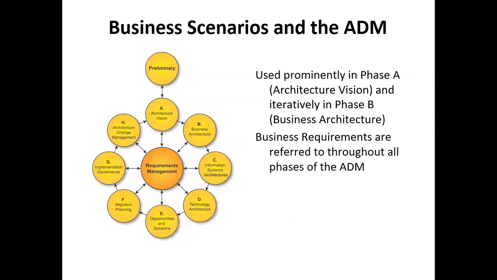Sometimes they will ask you a question like this: phase A, how do I get the requirements of the client? Nobody will think about business scenarios. So what they're asking is, how are you going to deal with the business requirements of the clients? Which technique are you supposed to use as per TOGAF?